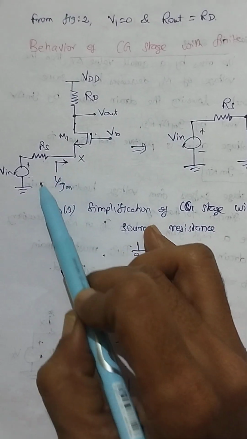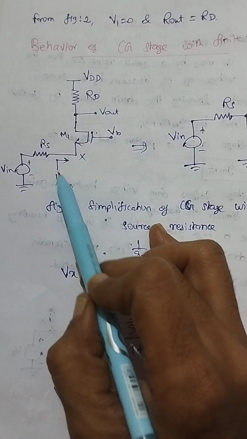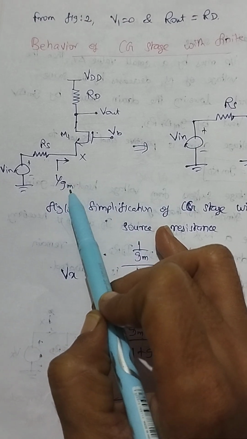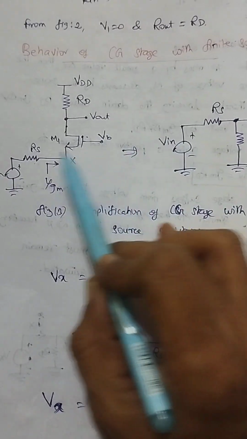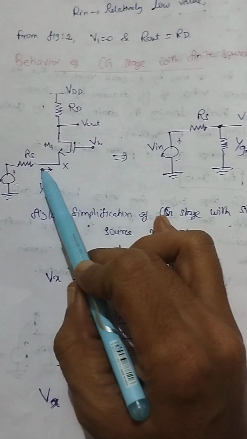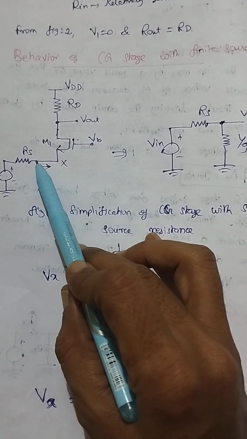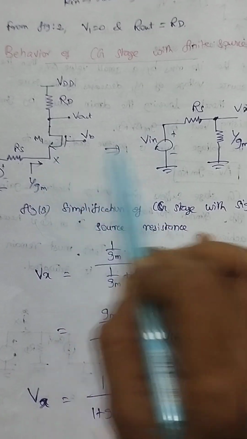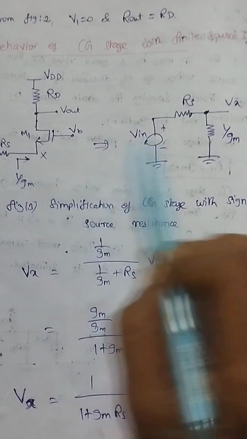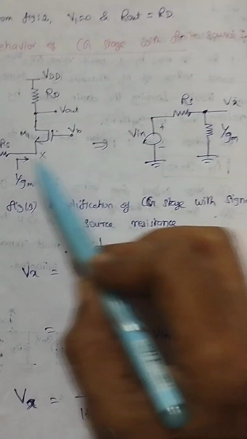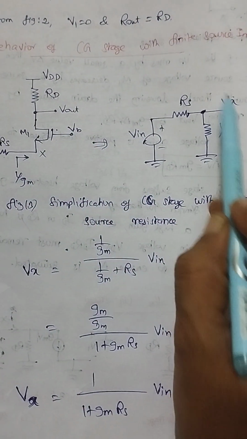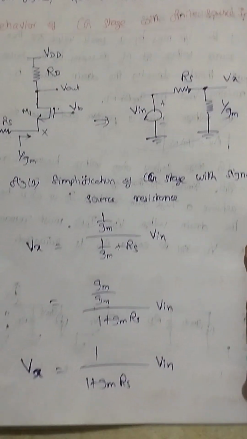So for this, at this point we are having the input impedance 1 by Gm, and this is the equivalent circuit of this circuit. So here we are having Vin, Rs, and at this point 1 by Gm. This is the point Vx. This is the input side.